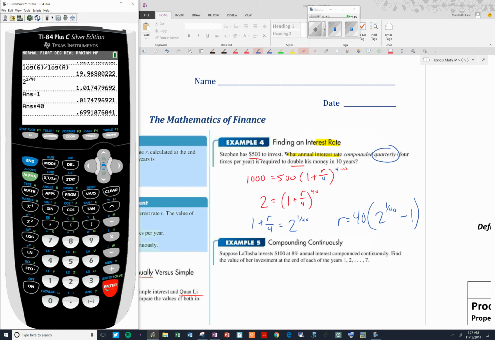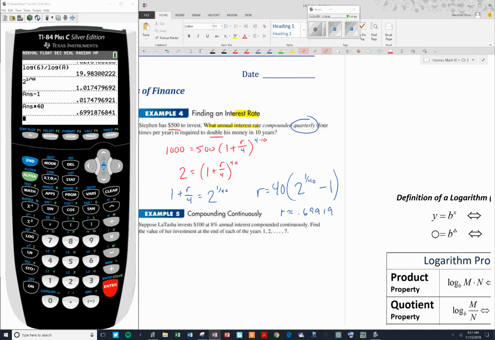We get R is about 0.06919, so about 7%. I'm just going to round it to about 7%.